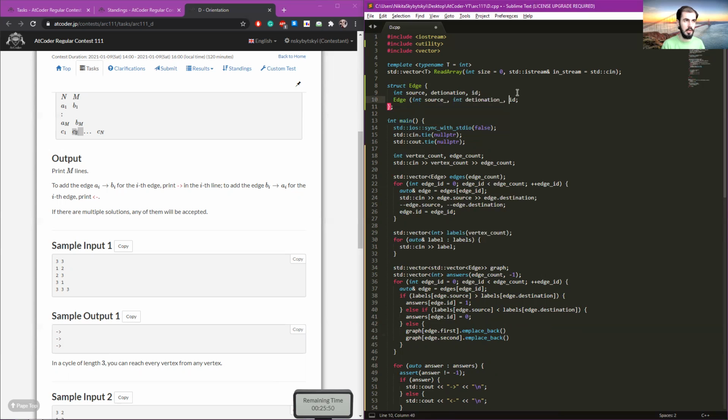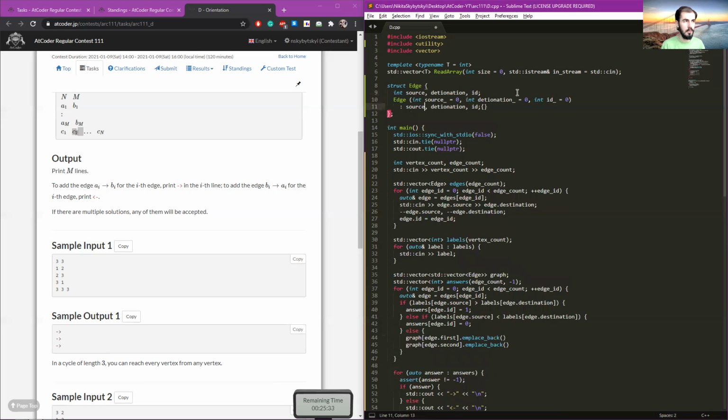I believe we need one, fortunately. We also can specify default values here. It should be a destination.